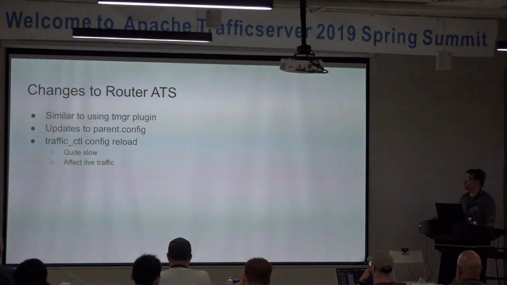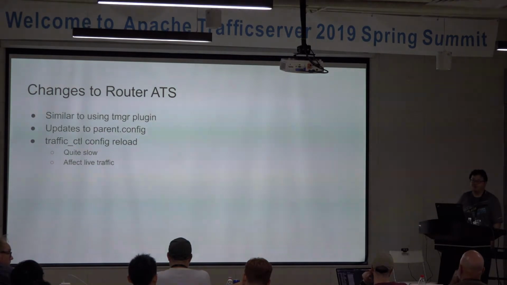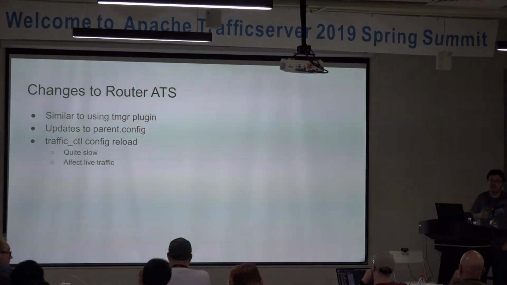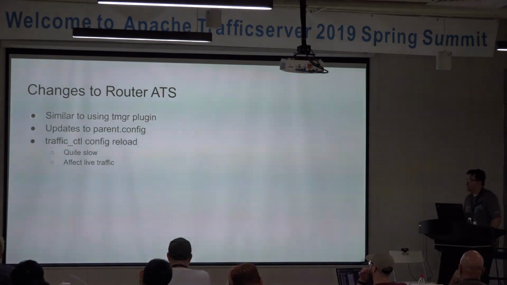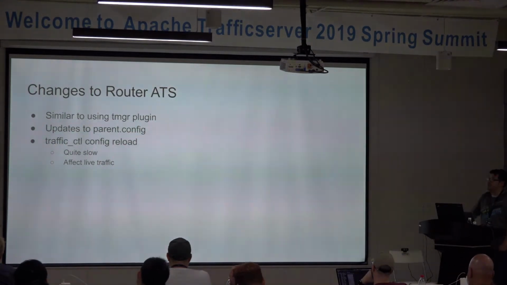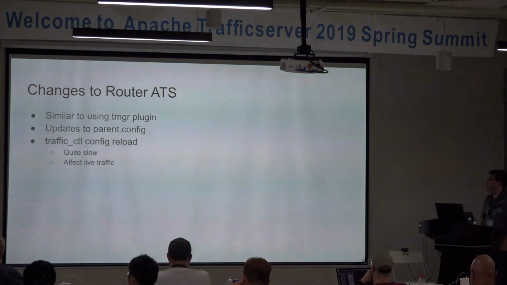The question is, can I update the list of my parents dynamically without running traffic_ctl config reload? So we are looking at some of the changes you are trying to make in terms of API and things like that. But at this point, we are still relying on traffic_ctl config reload to pick up the changes made to the parent.config.